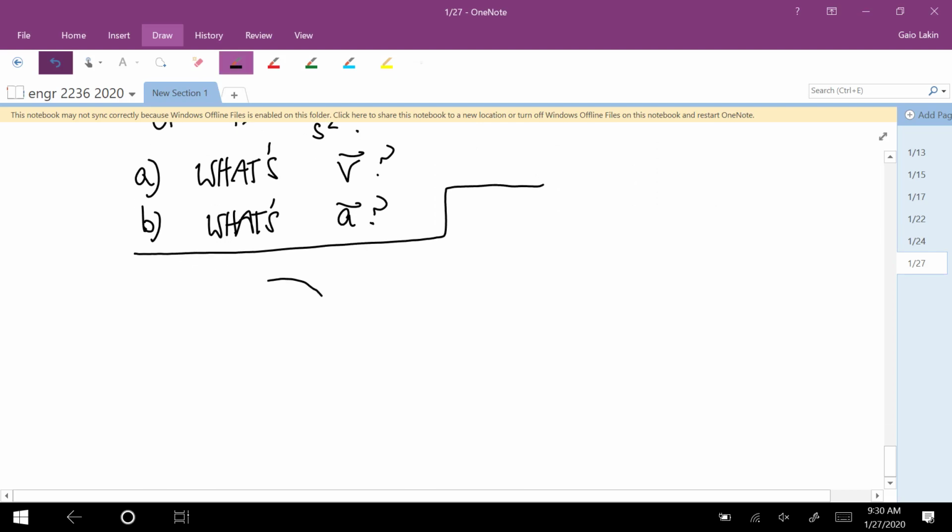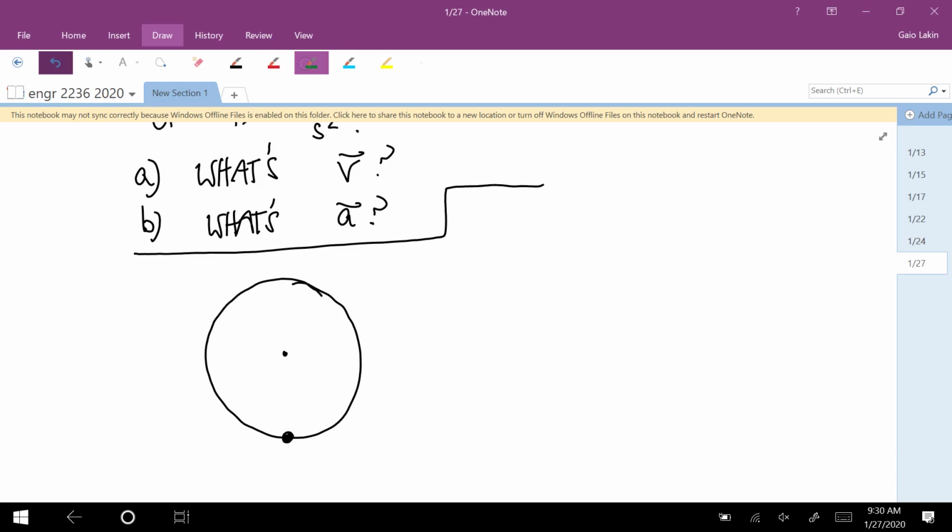All right, so here's the circular path. It doesn't give a single location on the circular path, so I'm going to use this one here. This is the kid, but that was an arbitrary choice. And the coordinate system I'm going to use is this. At this instant, it's rotating counterclockwise, so the angular velocity is counterclockwise.